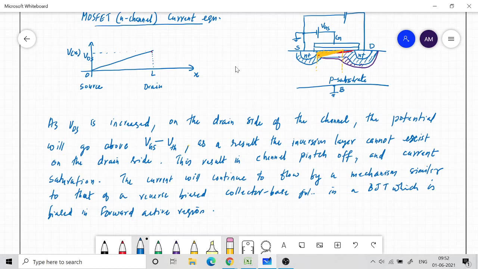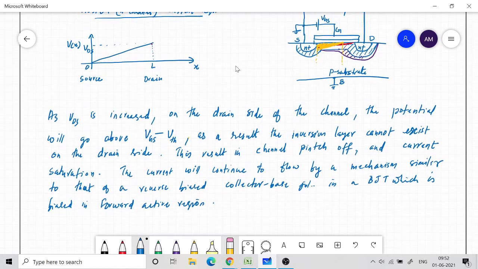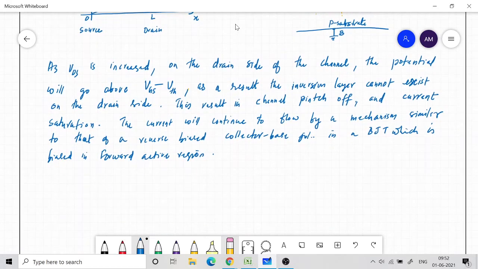Compared to the earlier case where VDS was small, we had a linear operation. That means the current increased in proportion to the VDS voltage applied. That is like a resistor.